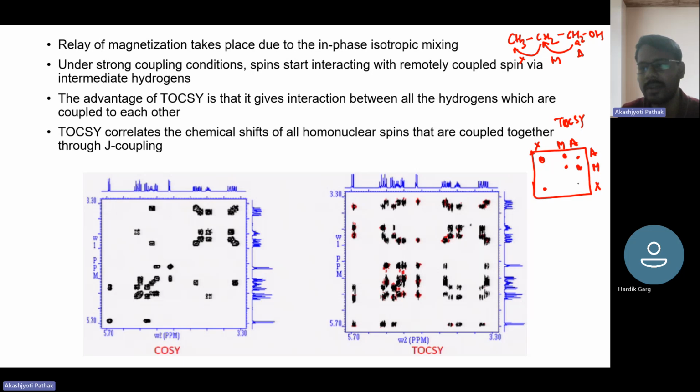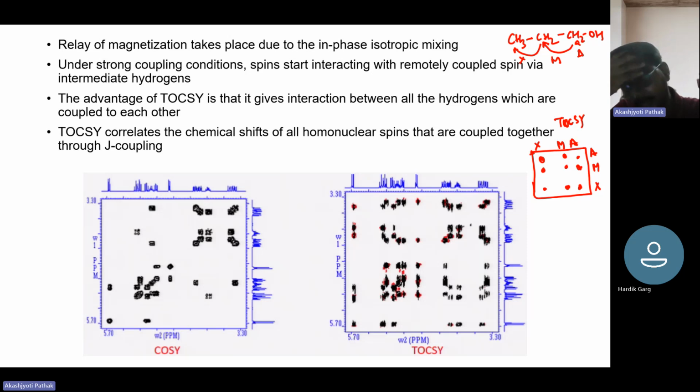Okay. So X and A, over here. And X and M is also coupled, so that it becomes similar to the triangular AMX spin system that we had seen in the last session.